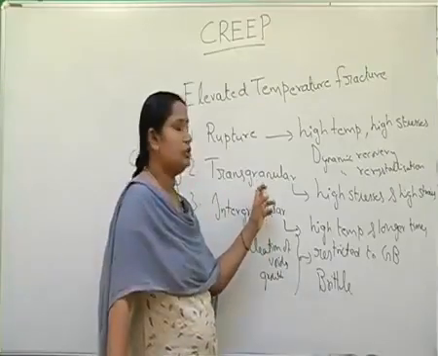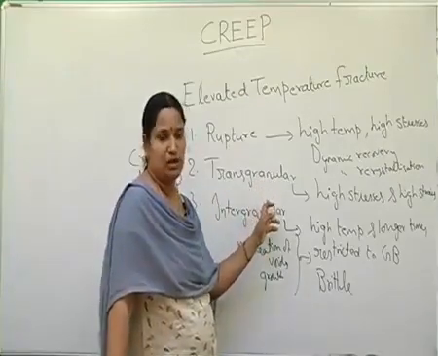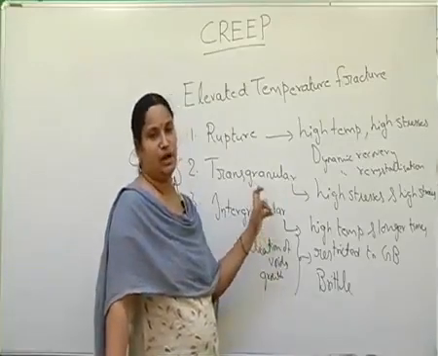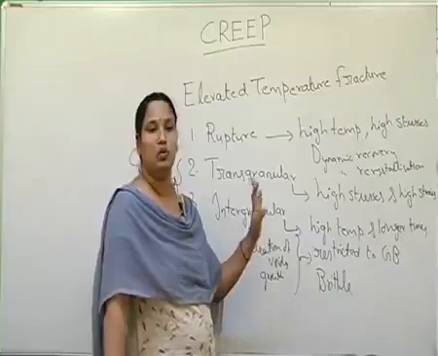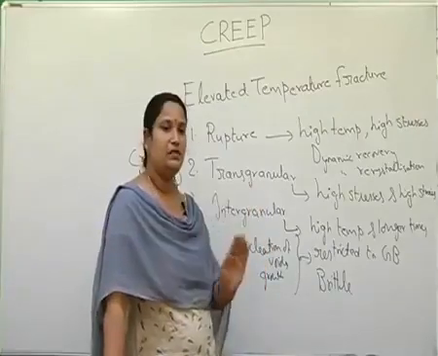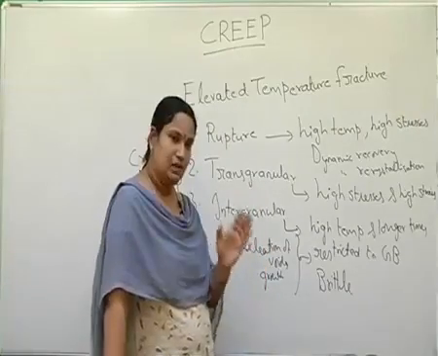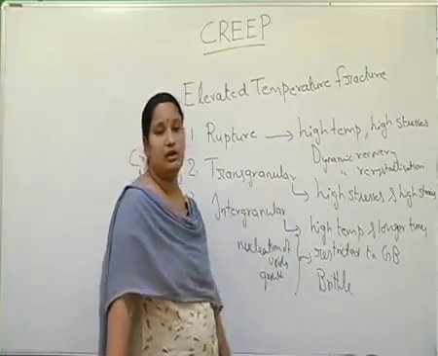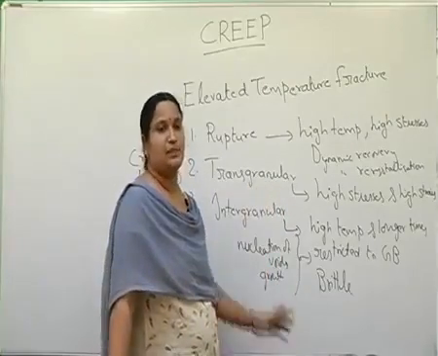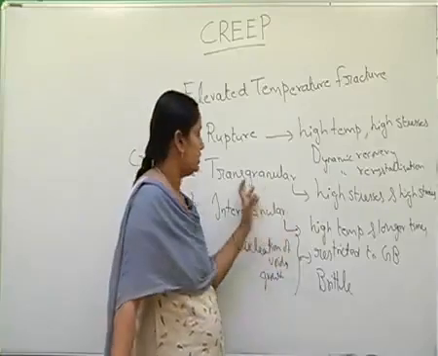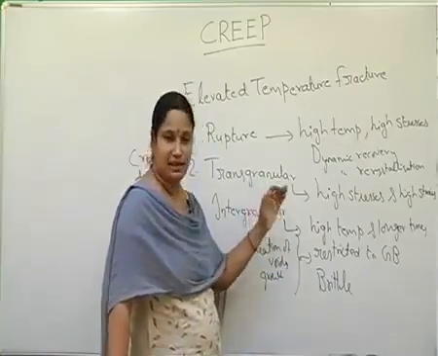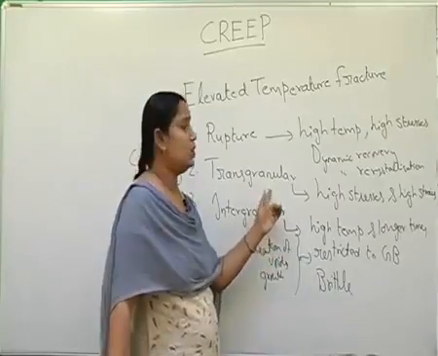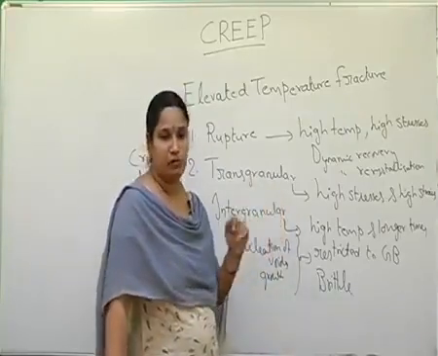So this transgranular type of fracture mode is also similar to a dimpled fracture or a ductile fracture at room temperature. But the only difference between the ductile fracture which takes place at room temperature and transgranular fracture is the temperature. So this transgranular fracture, which occurs at higher temperatures when compared to the room temperature ductile fracture, is often aided by diffusion.